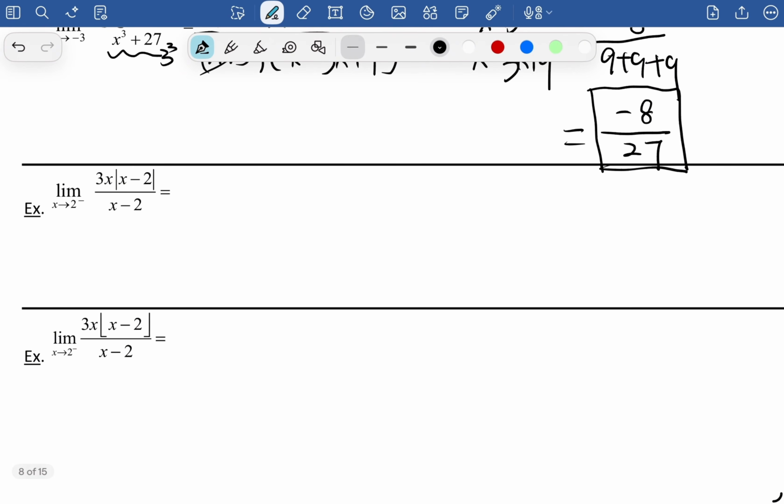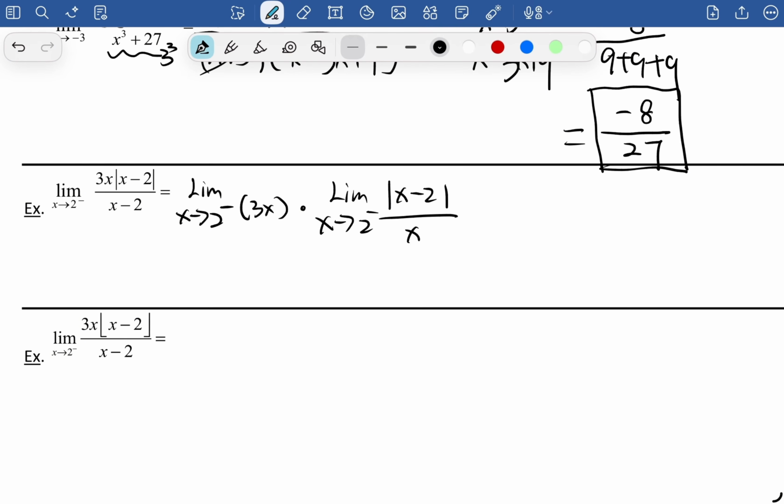What about these two? Again, we can use the limit property to split them up. We can get the limit as x approaches 2 minus of 3x, times the limit as x approaches 2 minus of the absolute value of x minus 2 divided by x minus 2.